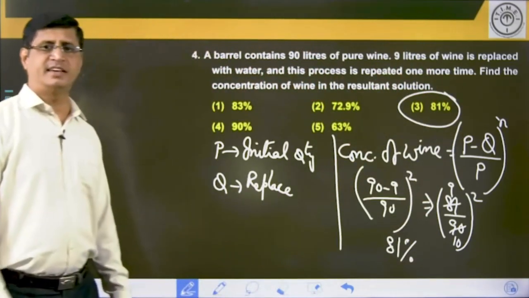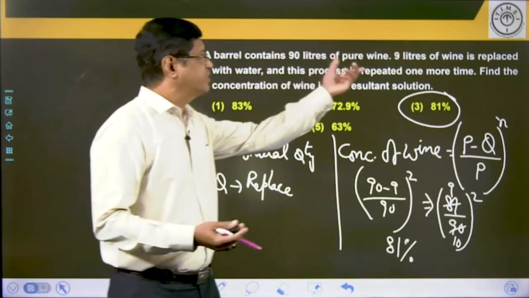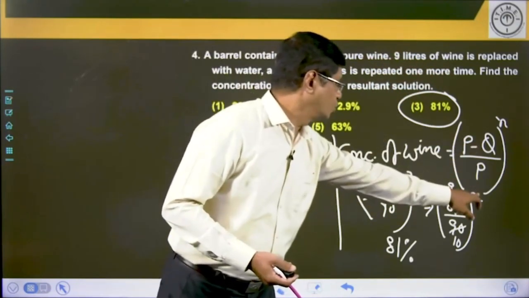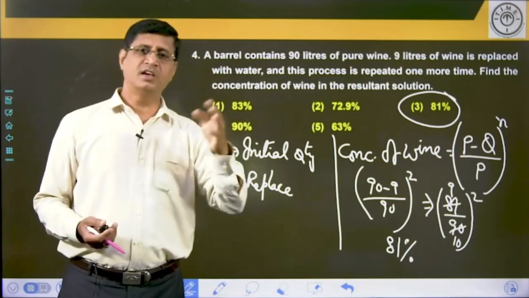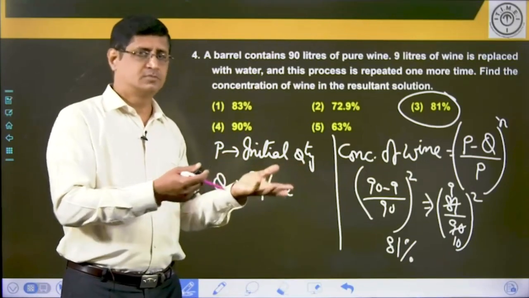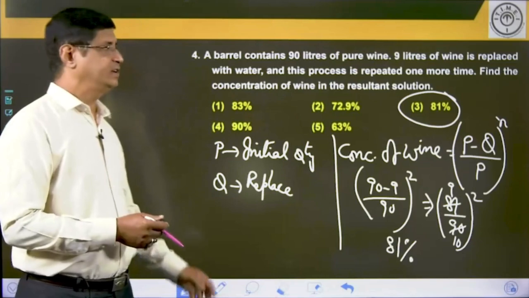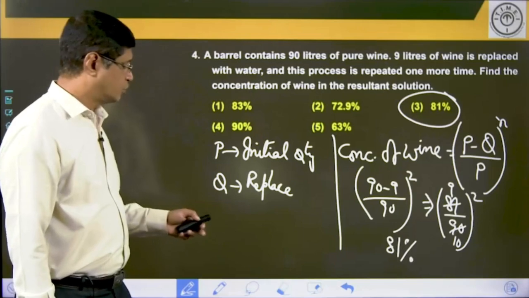The right choice is option number 3. For example, if the same process is further one more time repeated, means in place of 2 just take 3. The n will become 3 if the same process is repeated one more time. Am I clear? So this is the formula to find the concentration of wine in the resultant. Okay. Now we'll move to the next example.